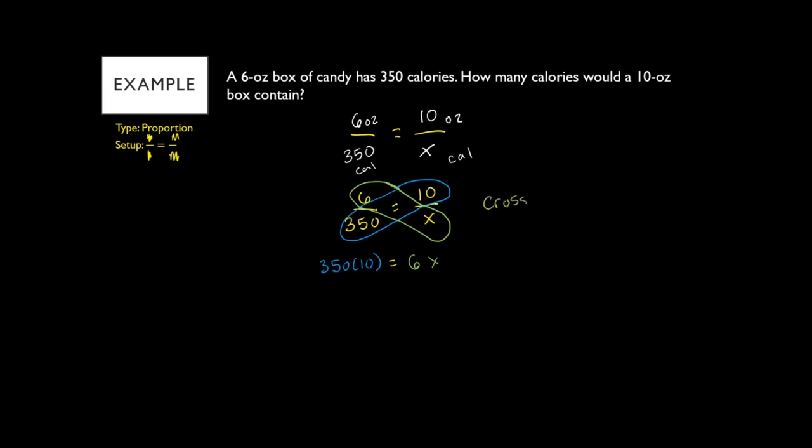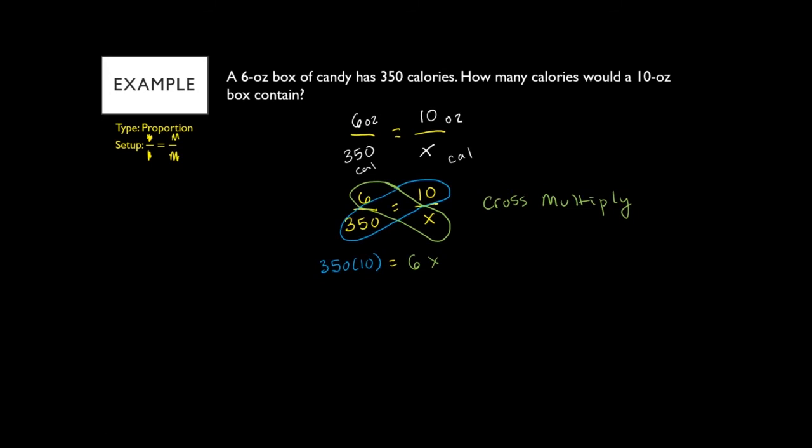So we cross multiply to solve a proportion, which is basically multiplying the diagonals and putting an equal sign in between. This gives us an equation that we can solve for X.